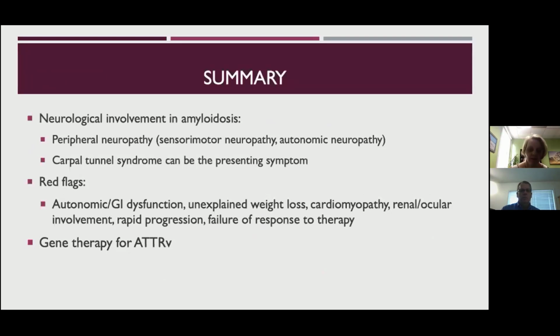Bilateral carpal tunnel is a red flag symptom that should make you think of amyloidosis. Other red flag symptoms are autonomic GI dysfunction, unexplained weight loss, cardiomyopathy, renal and ocular involvement, and rapid progression. And then there are the exciting developments of gene therapy for hereditary amyloid TTR.